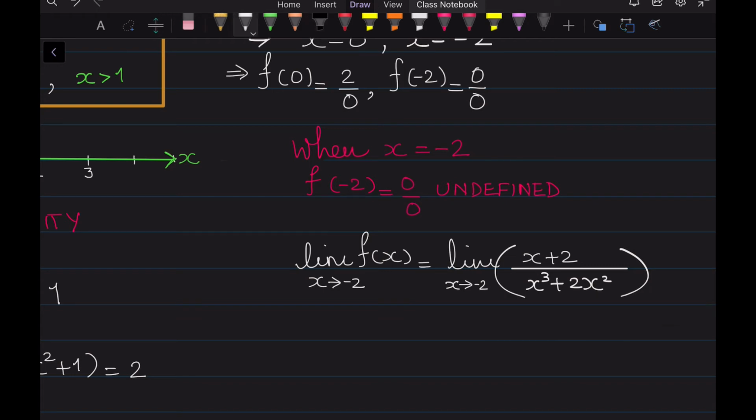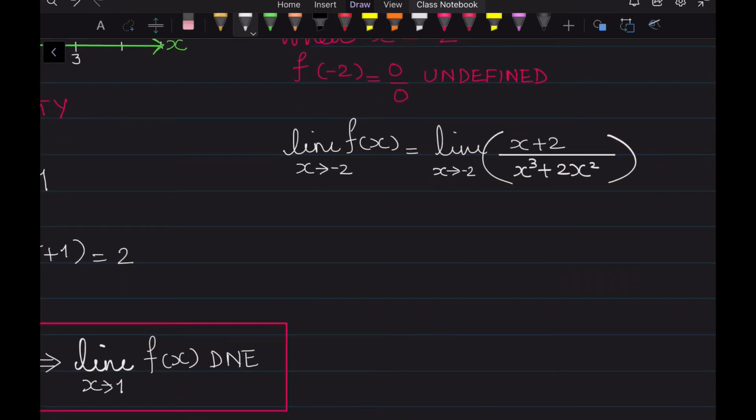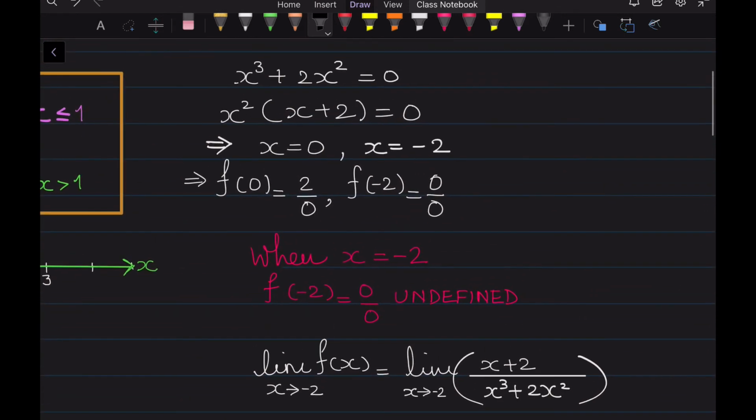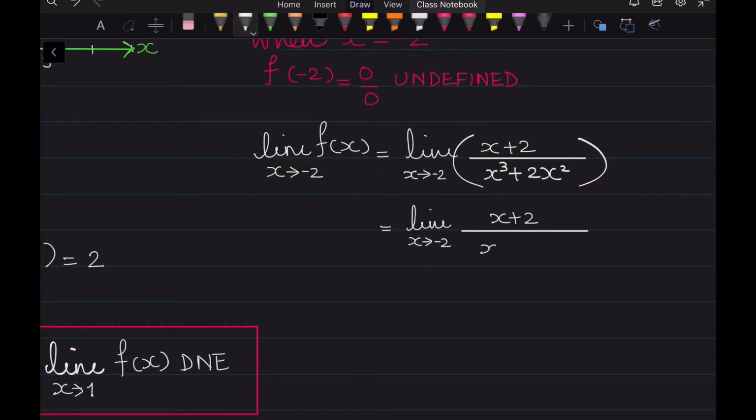So I can write this limit as the limit as x approaches negative 2 of x plus 2 divided by... Now I'm not going to do anything new here. I'm just going to factorize this denominator, which we already did in the first place here. So the factors of the denominator are x squared and x plus 2.